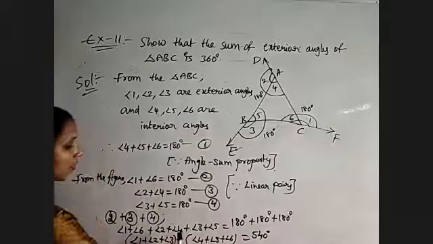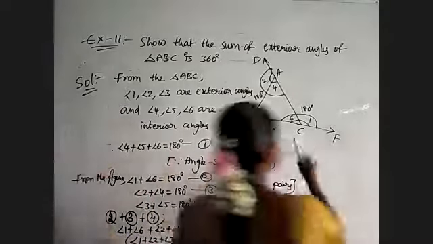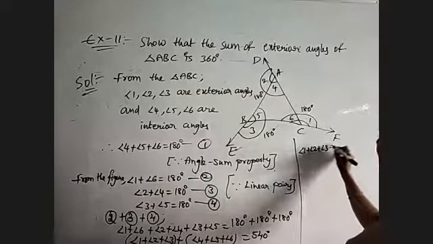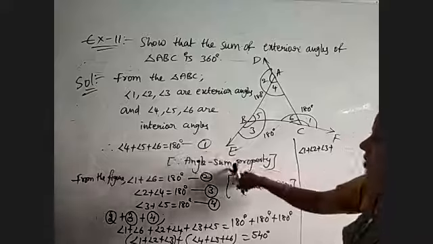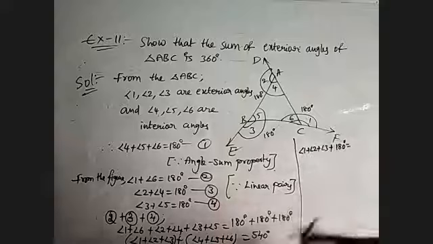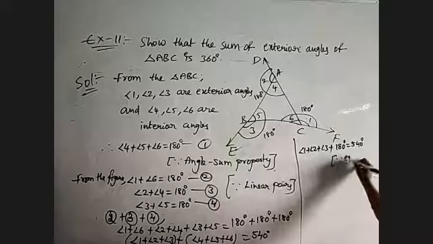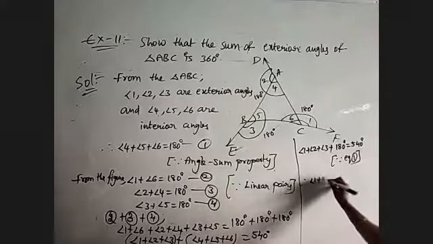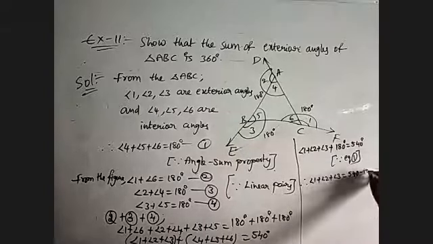And then from equation 1, the sum of these three angles is equal to 180. So substitute here. What are we getting? Angle 1 plus angle 2 plus angle 3 plus the sum of angles 4, 5, 6, which is 180 degrees because those are the three interior angles of the triangle, is equal to 540 degrees. So it is from equation 1. Therefore, angle 1 plus angle 2 plus angle 3 is equal to 540 minus 180.